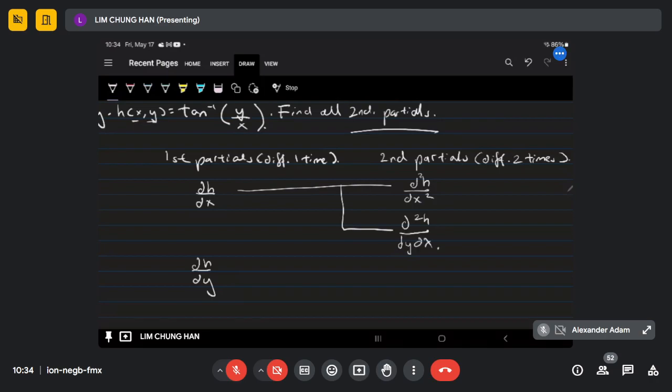What this means is you differentiate against x two times. What the second one means is you differentiate x first and then you differentiate y.